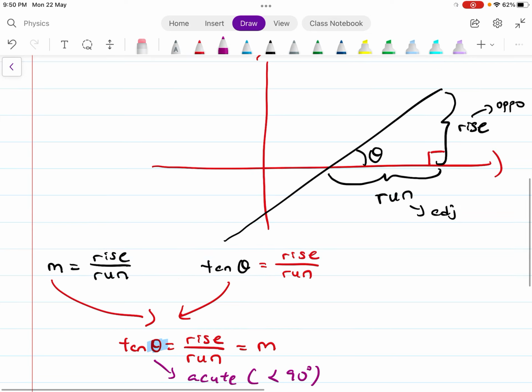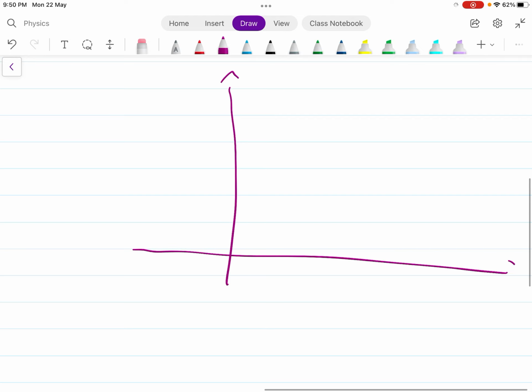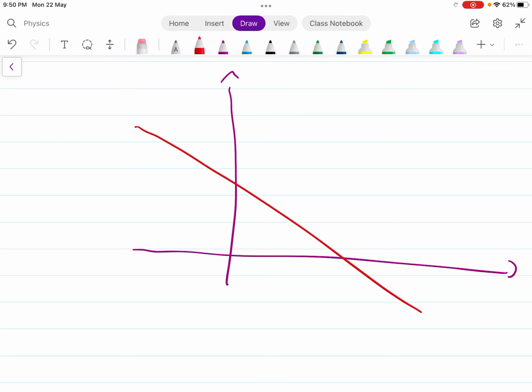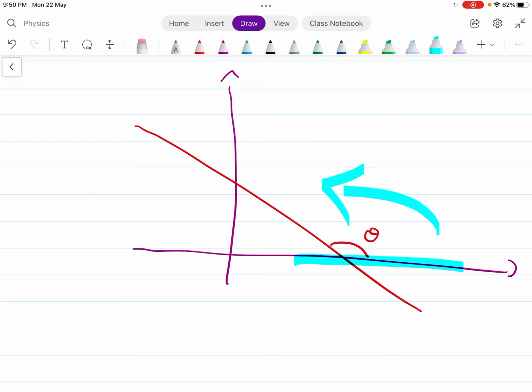So what if I am given this scenario? I draw another graph. Instead of making an acute angle, I make an obtuse angle. So the theta, they always want to measure from the x-axis in the anti-clockwise manner. That is the so-called thing about this question.